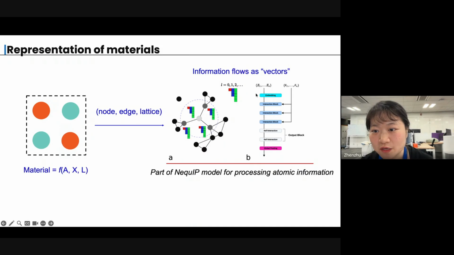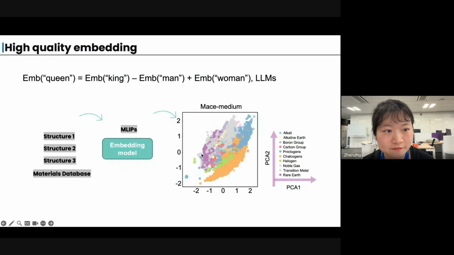But every piece of information learned by the model, for example the node embeddings, is also represented as vectors. This means the information of the materials flows in the model as vectors. And this leads to one question: what is a high quality embedding?